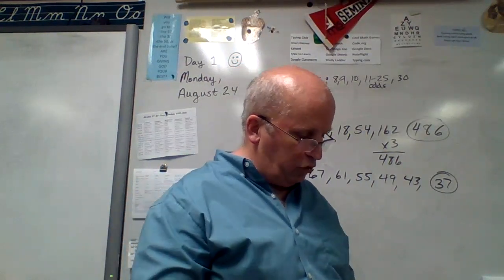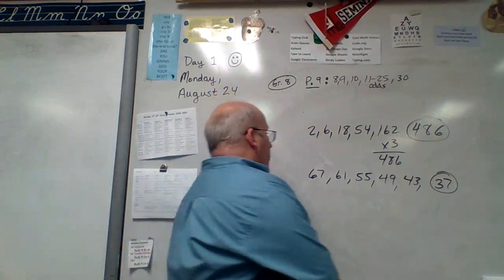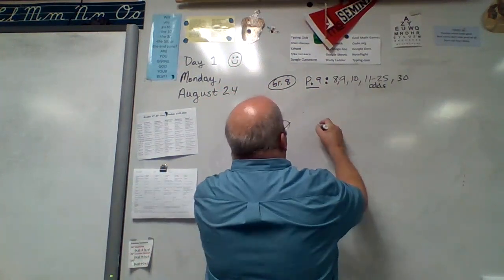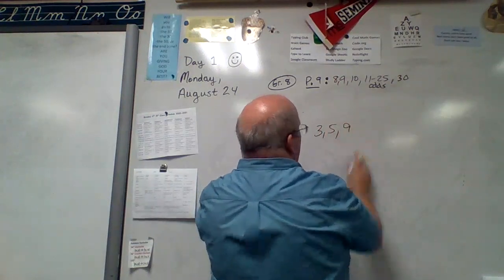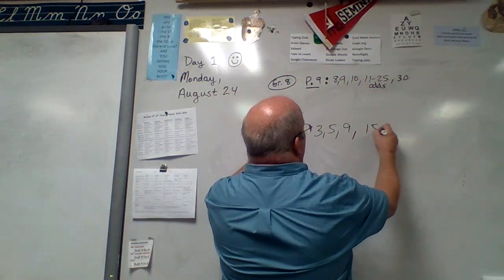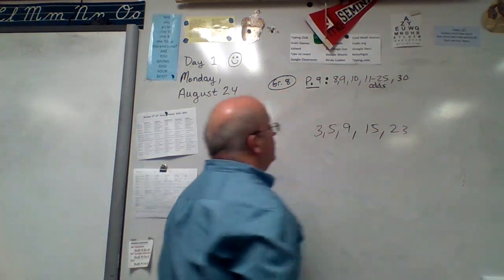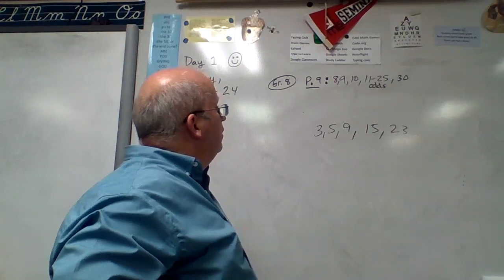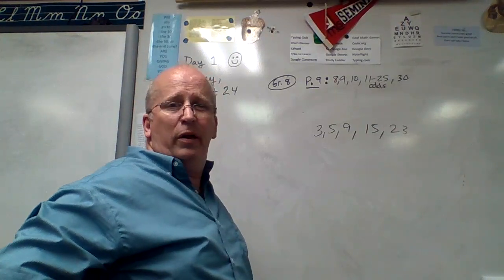Number 18 is a little tricky. 3, 5, 9, and then they have 15 and 23. You see what the pattern is?